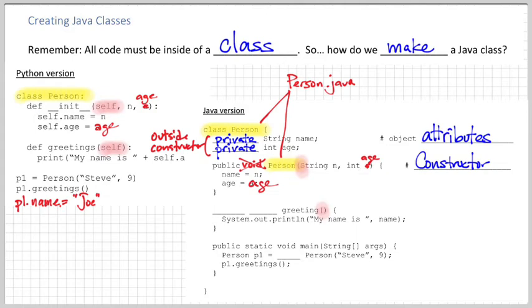Well, the way we do that is, kind of similar to the self.age, there is a variable that is just like the self, and it is the word this. This is really the same as self. So this.age now references this attribute up here, age, whereas this variable here is this local parameter. And notice that we didn't have to pass this as the first parameter here like we had to over here.